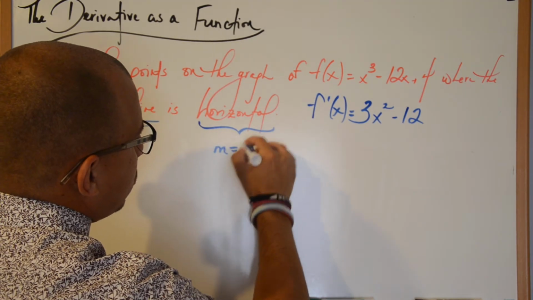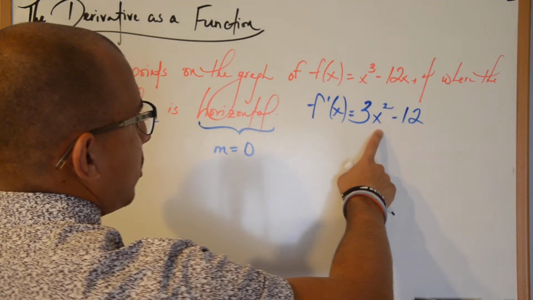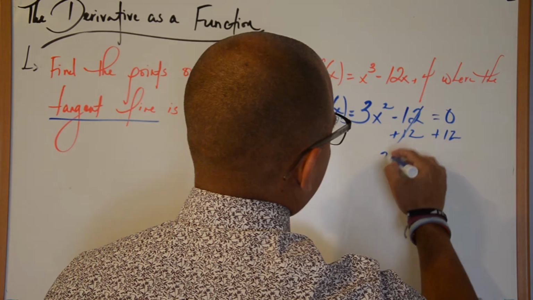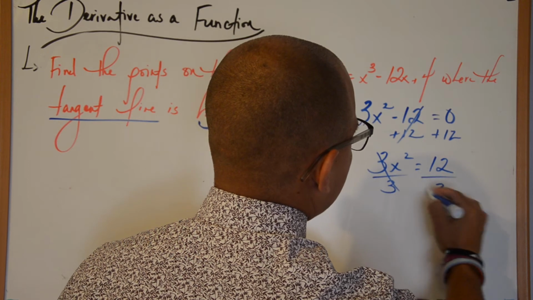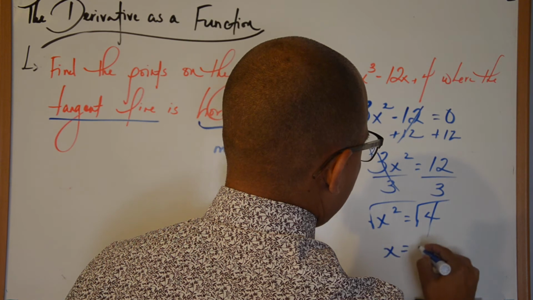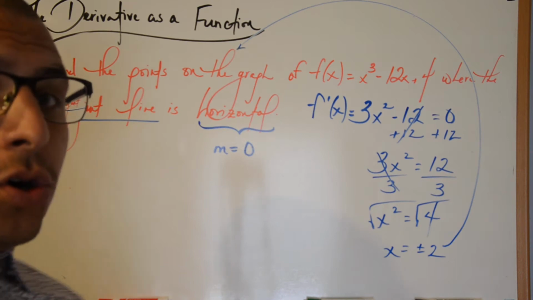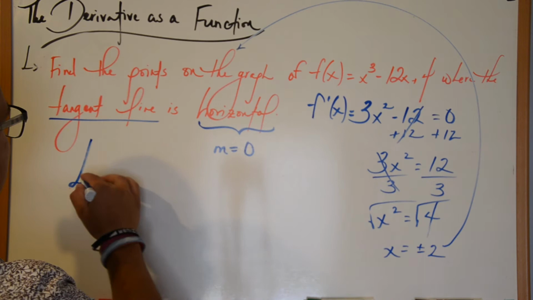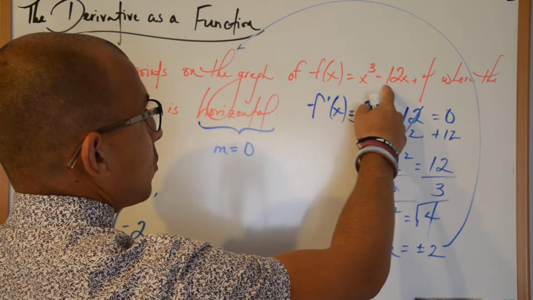Well, it means that the slope is equal to 0, and if the derivative represents the slope of the tangent line, we set this equal to 0 and solve. We come to find out that the x-coordinates, because that's what we're looking for, are positive and negative 2, where the tangent line is horizontal. But if we wanted to find those specific point values, we should substitute them back into the original function.